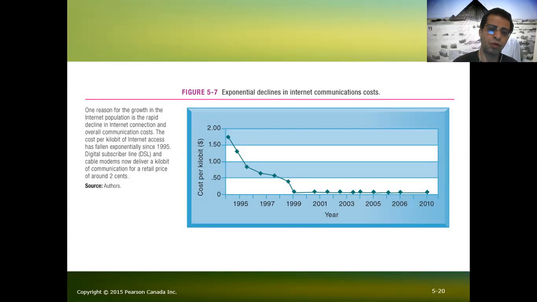One reason for the growth in the internet population is the rapid decline in internet connection and overall communication costs. The cost per kilobyte of internet access has fallen pretty deep. DSL, digital subscriber line, and cable modem now deliver a kilobyte of communication for a retail price of around 2 cents.